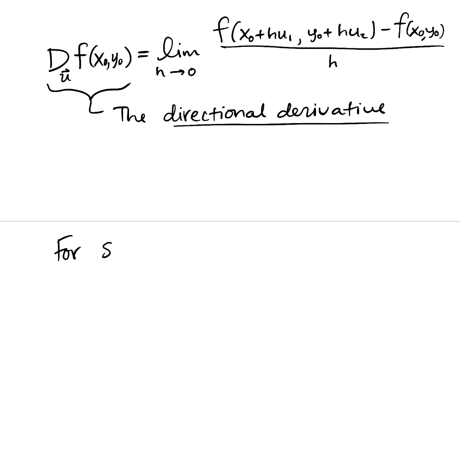For the slope along the blue vector u, let's think of x and y as being restricted to that blue line.